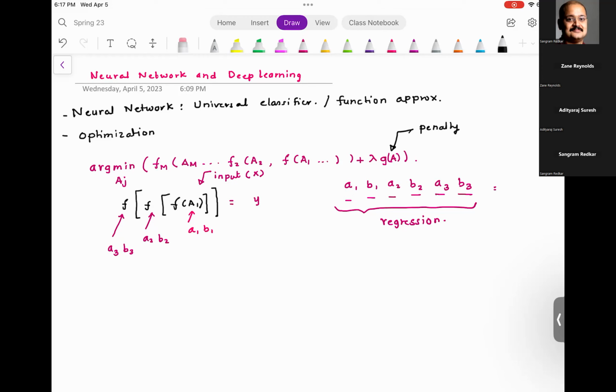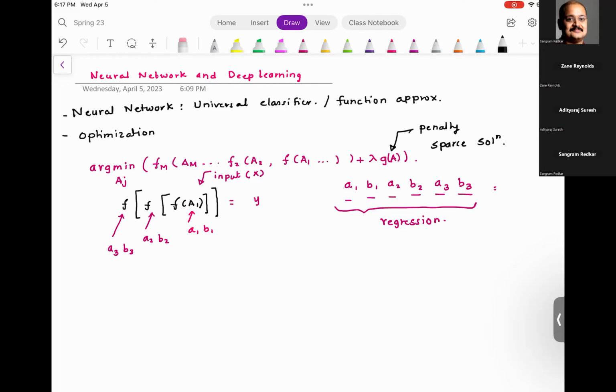So you do some type of penalty, and that leads to sparse coefficients. And then we want to perform some type of optimization.